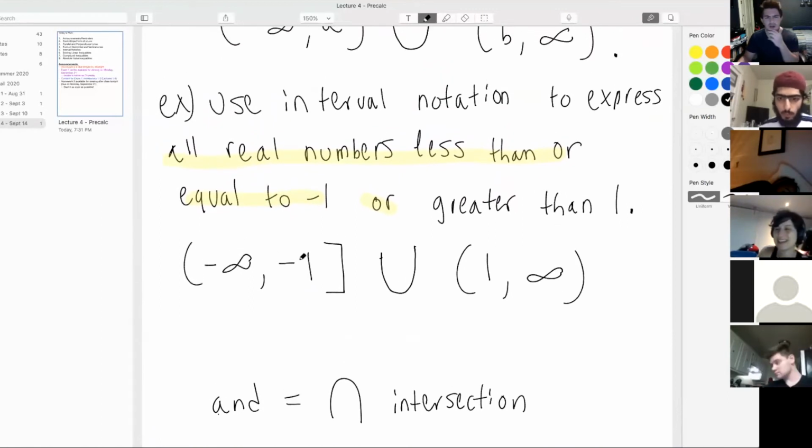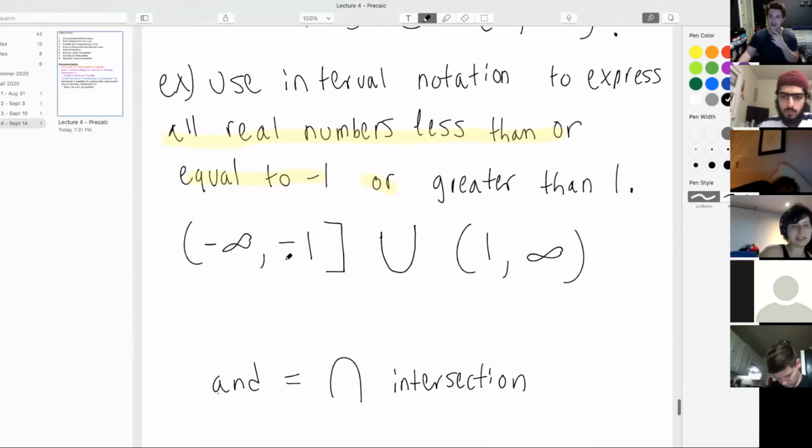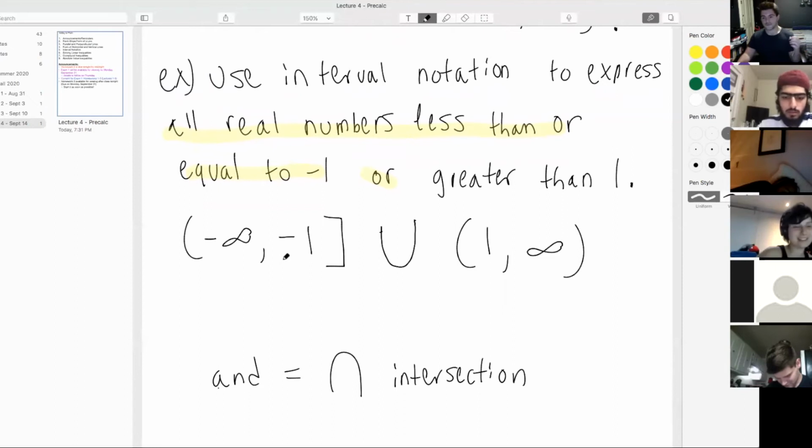I'm going to tell you in the question prompt to express your answer using interval notation. No, I was confused about the or and and you just answered. Okay, gotcha. Yeah, so or translates directly to that union symbol, and the and we won't use, but that will translate to this intersection symbol.